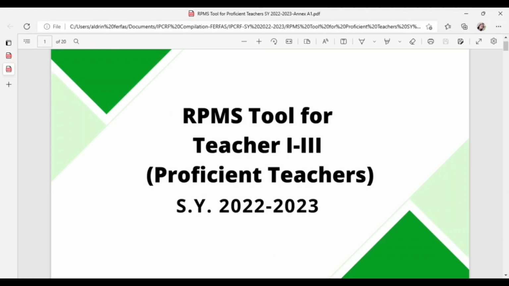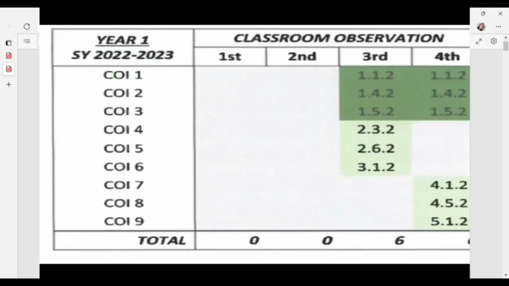This school year 2022 to 2023, we have 15 indicators composed of 9 classroom observable indicators, 5 non-classroom observable indicators, and 1 plus factor.